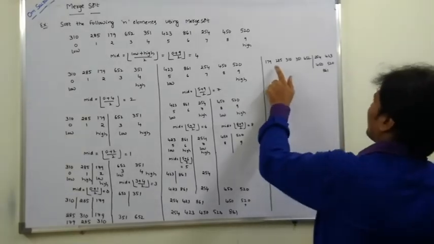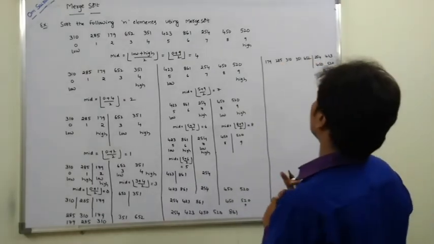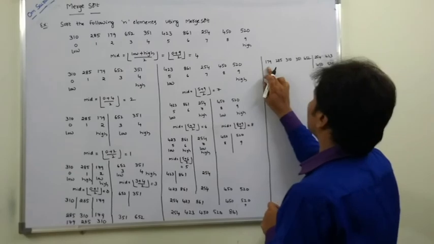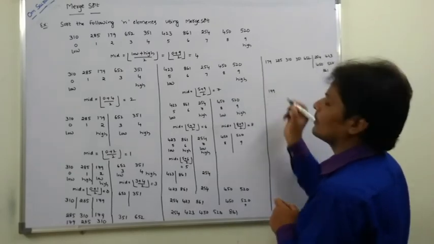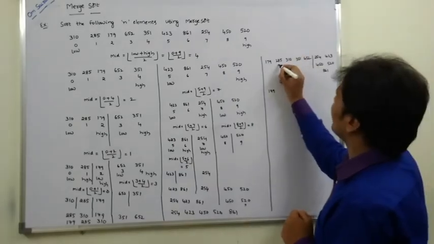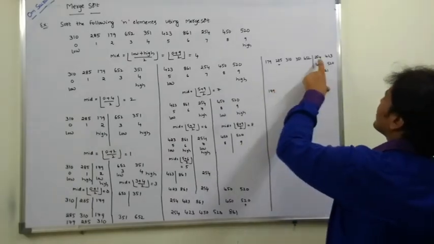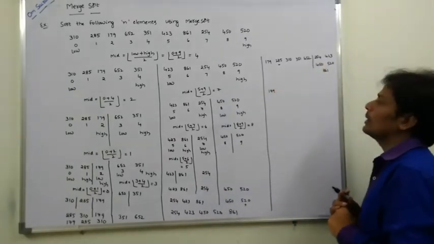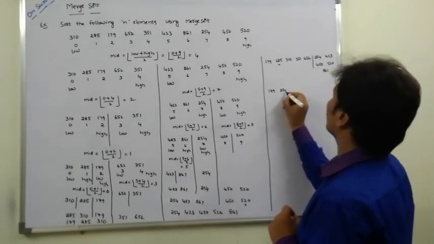Okay. First, 179 is compared with 254, which is the lesser value. 179 is the lesser value. So this lesser value is put in the final sorted array. Now it is incremented to this value. Next, 285 is compared with 254, which is lesser value. So 254 is the lesser value.